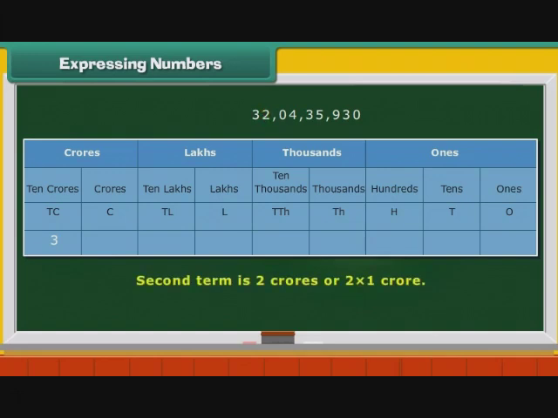Second term is 2 crores or 2 multiplied by 1 crore. Place 2 under C. Third term is 4 lakhs or 4 multiplied by 1 lakh. Place 4 under L. As there is no 10 lakh term, place 0 under TL.